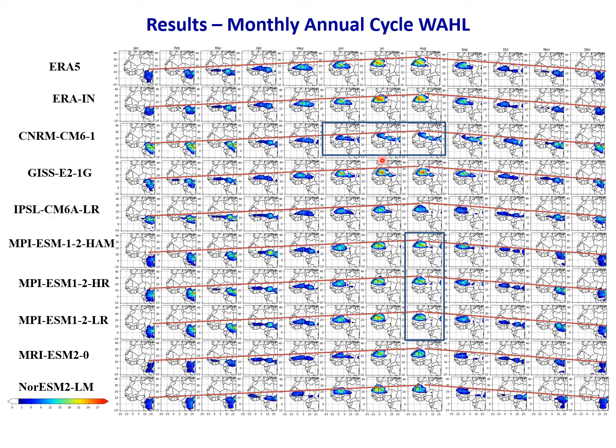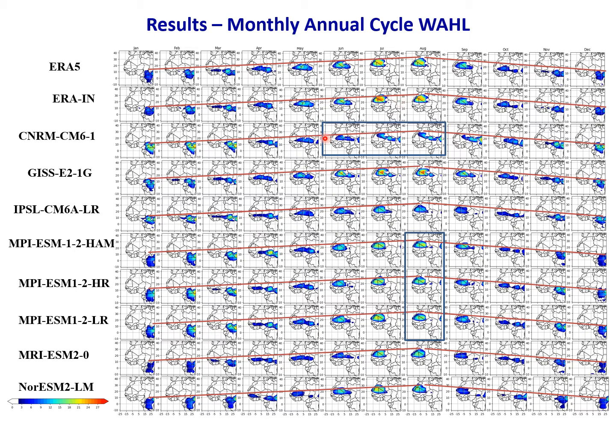And then in the summer months, there is a weaker simulation of the heat low in the models than in the reanalysis product, except for the GS model, where there are slightly stronger heat lows at the core of the heat lows in the summer months than in the reanalysis.